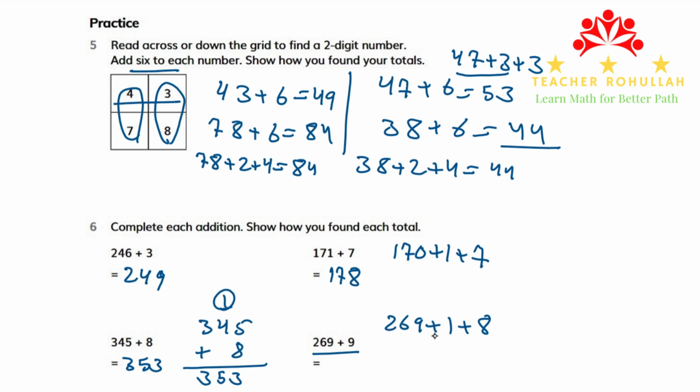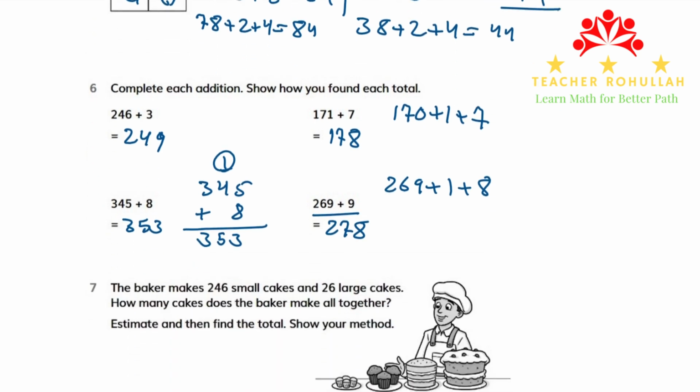Now, 269 plus 1 is 270, and 270 plus 8 is 278. If we choose the right way of calculation, finding the sum of numbers will be very easy for us. Let's scroll down to move to the next question.